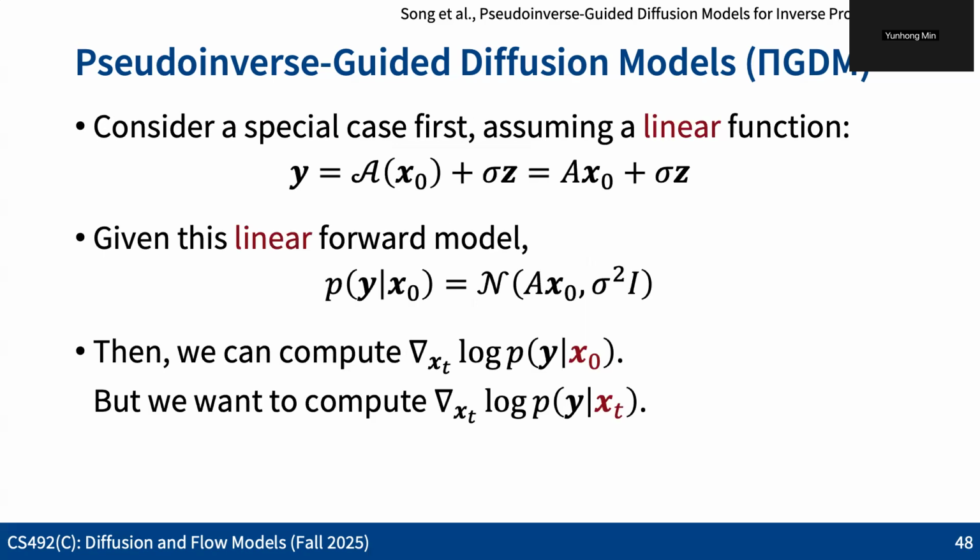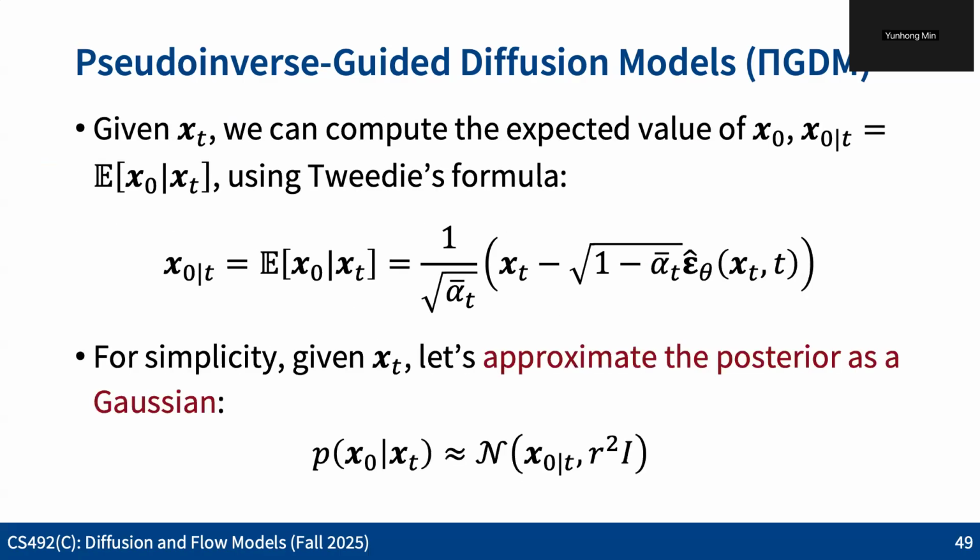A slightly better version might be that we treat this conditional distribution, the x0 conditioned by the xt, as another Gaussian distribution with some arbitrary variance here. So we set some numbers here because we don't know this distribution.